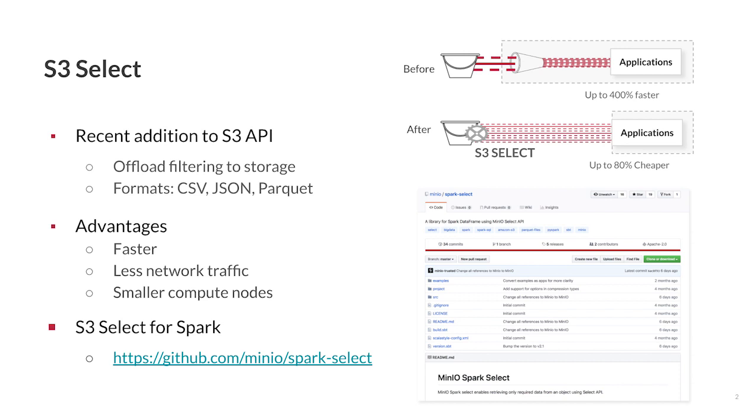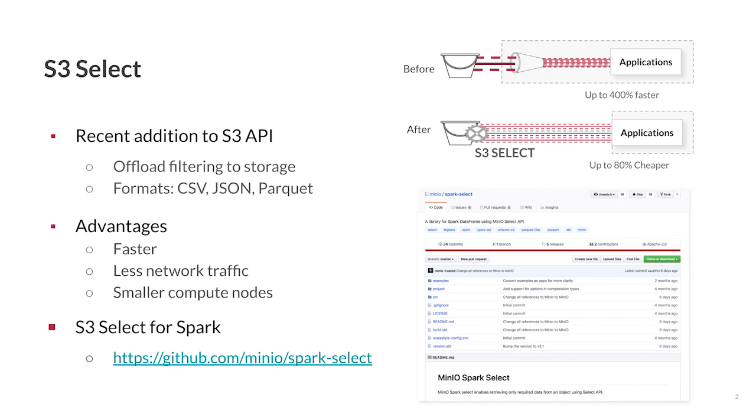Most of you will probably be familiar with Amazon S3 as, obviously, the de facto standard for object storage. Today, you'll find object storage being used more and more for all sorts of applications, including high-speed analytics. But today, I'd like to talk about a newer addition to the S3 API, which is called S3 Select.